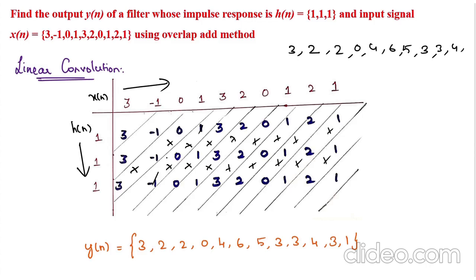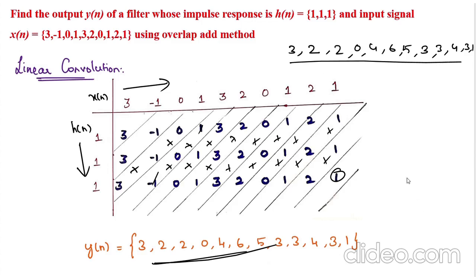And 2 plus 1 is 3. And finally 1. This one. So now check this and this. Both will be the same. Okay. So 3, 2, 2, 0, 4, 6, 5, 3, 3, 4, 3, 1.